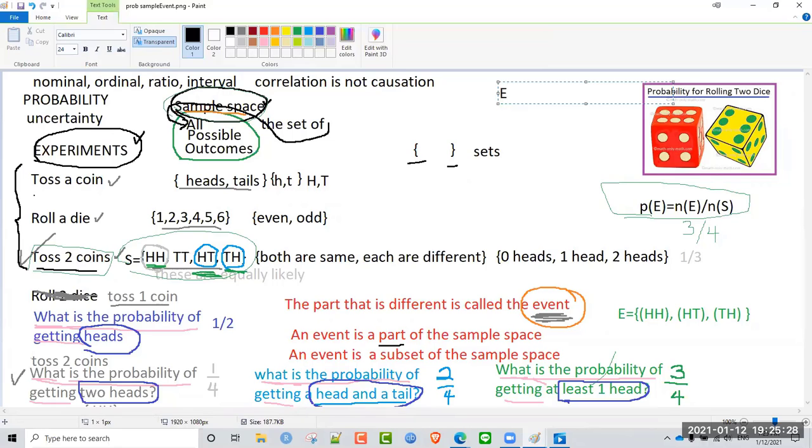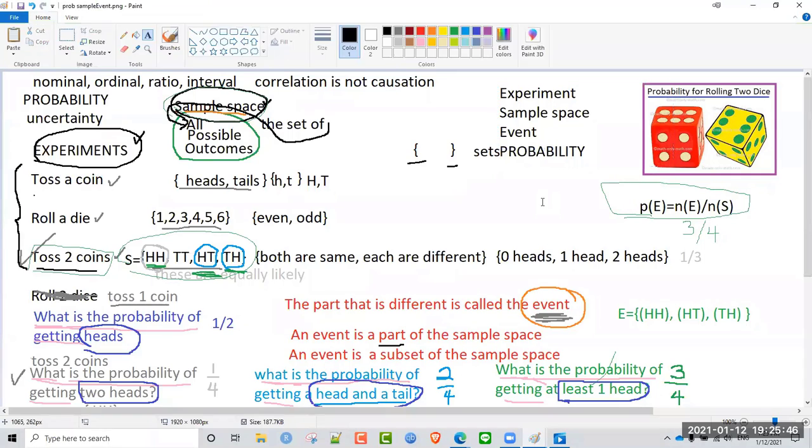Experiment, sample space, event. And of course, maybe the biggest word is, okay, probability. But anyway, these 3 words, experiment, sample space, event. That's what you need to know today. And this formula, it's good to know that too. But anyway, these 3 words, you need to know what we talked about.